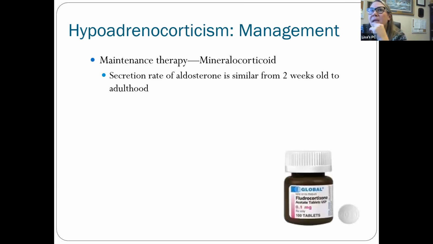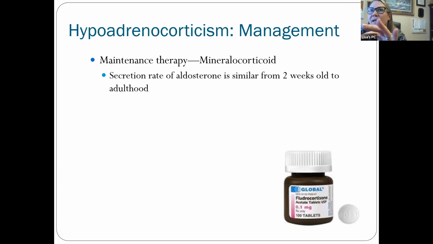So from a maintenance perspective with mineral corticoid, the secretion rate of aldosterone is about the same from 2 weeks old to adulthood. So I have patients that from the time I start seeing them until they graduate from my clinic are on the same dose of fludrocortisone.